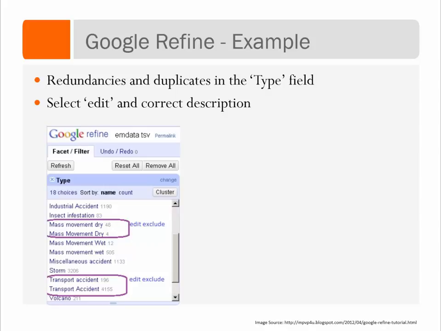For each of these, the first one we see there is mass movement dry, and it looks like there's a different capitalization on each. So we can choose a couple of different things.